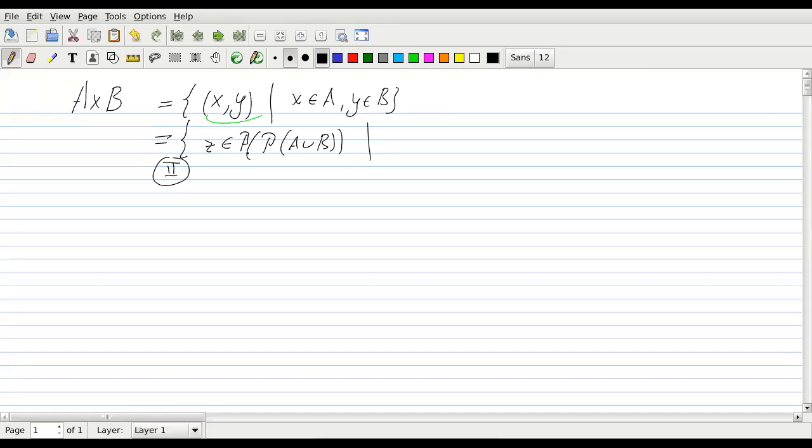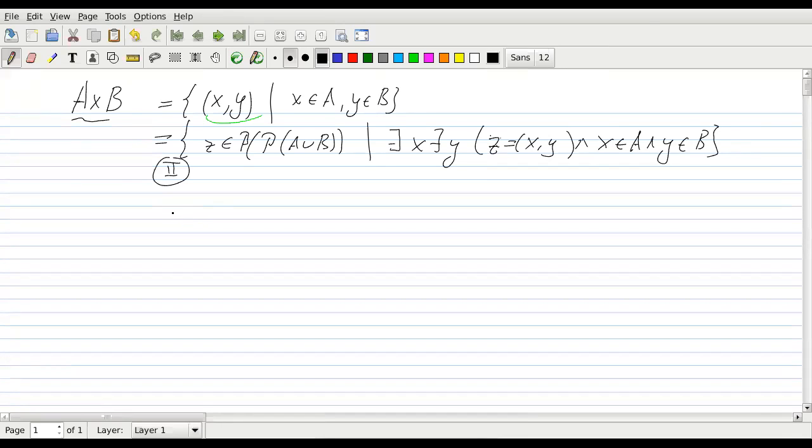So that is the set of all subsets of P(A union B) which are pairs, that is, a pair of x and y for some x from A and some y from B. But it's interesting to consider various subsets of A times B. The subsets are very important for mathematics because they allow us to model so-called binary relations, which are widespread.